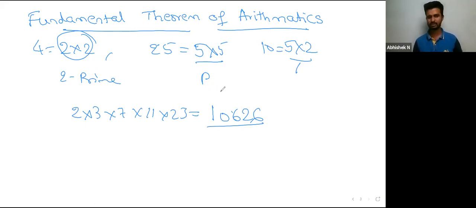Also, you guys know factorization. For example, factorizing a number, let me take 58.